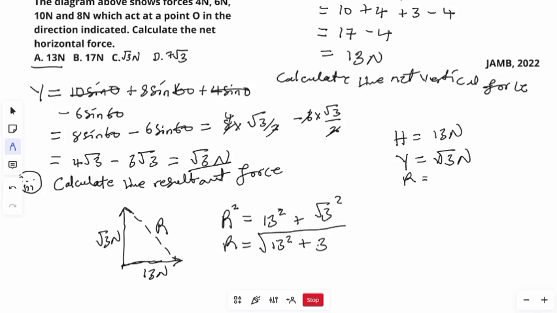So this will equal the square root of 13 raised to power 2, which is 169, plus 3, which equals the square root of 172.